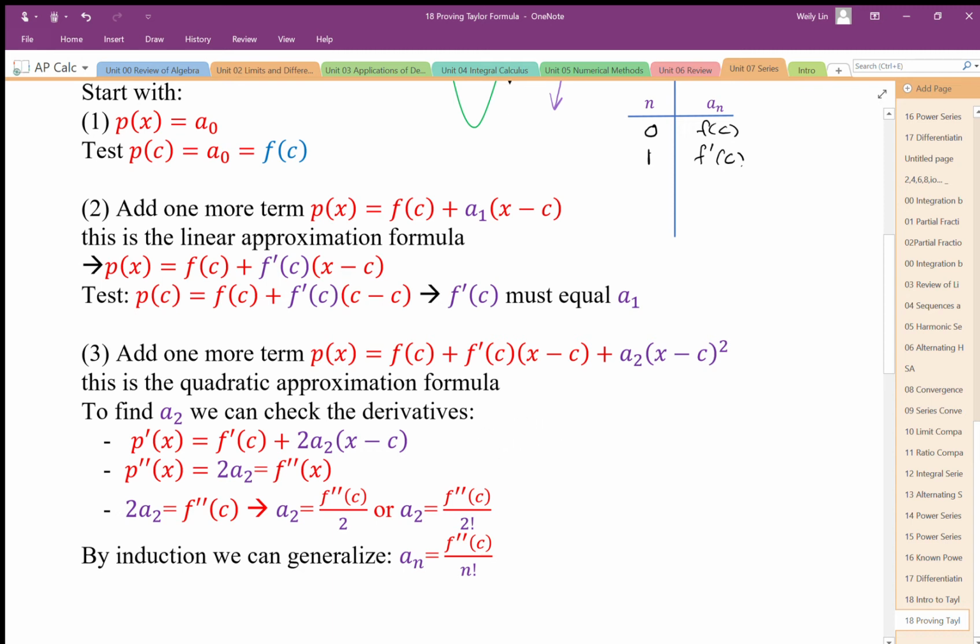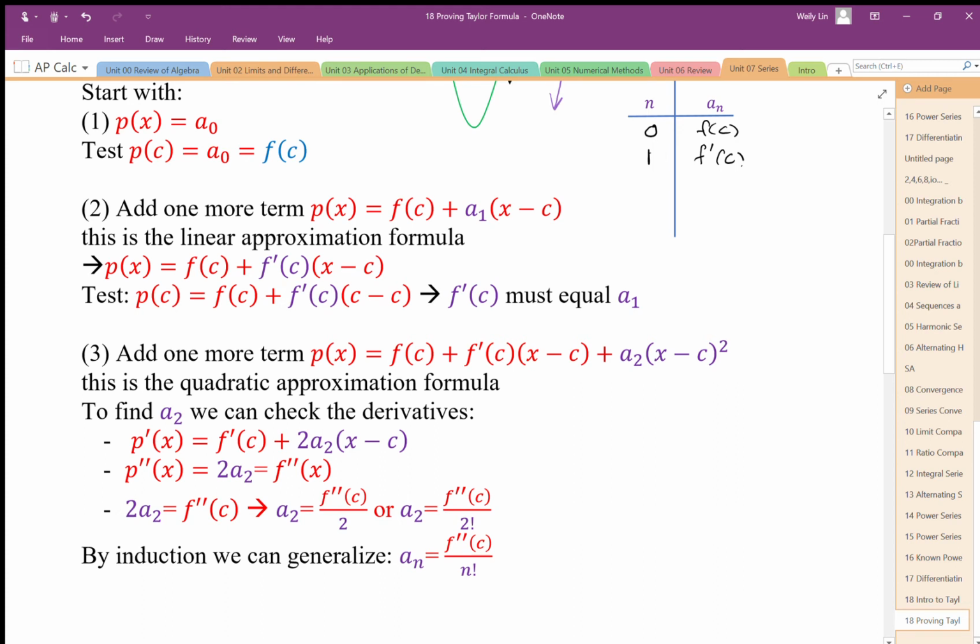So I'm going to differentiate one more time. When I do that, I get rid of this constant now, remember that's a constant value because it's evaluated at c. Since this is a linear function, it differentiates to a constant term. Because I tested f prime and it worked, f double prime should also work.